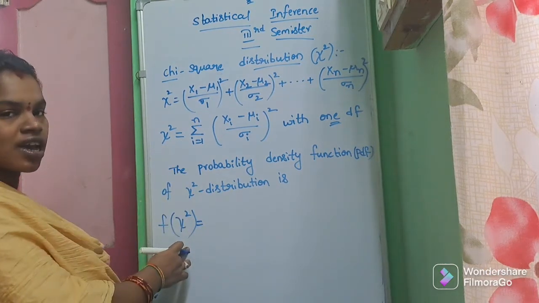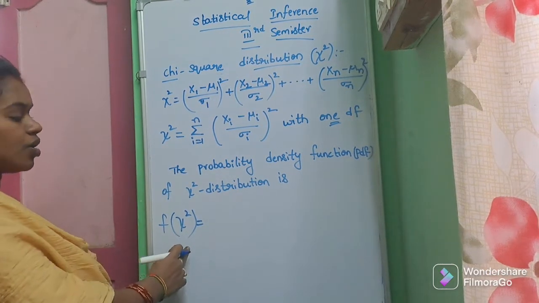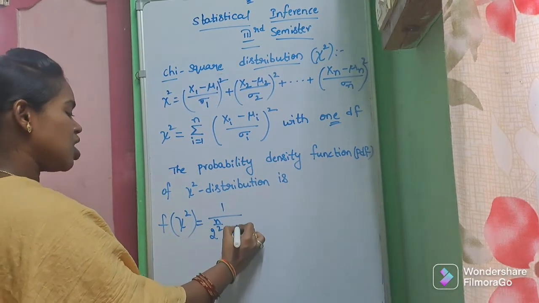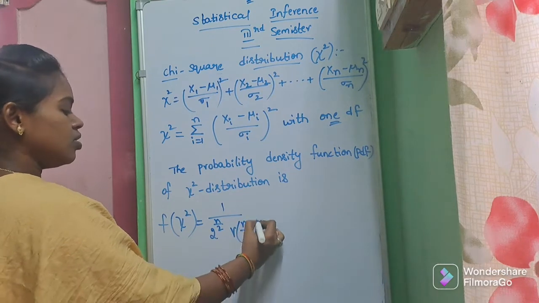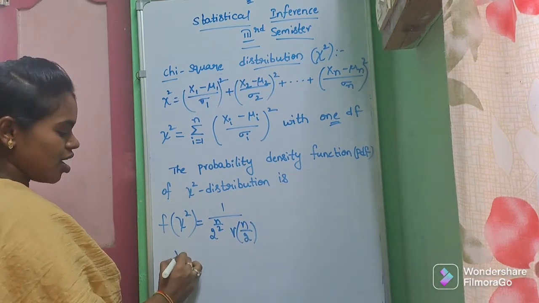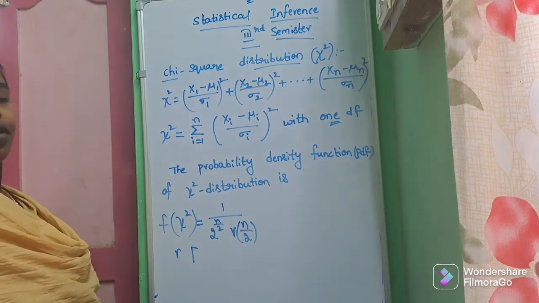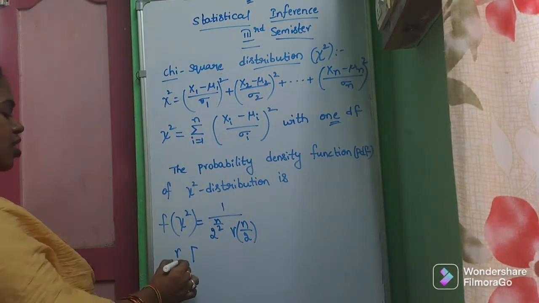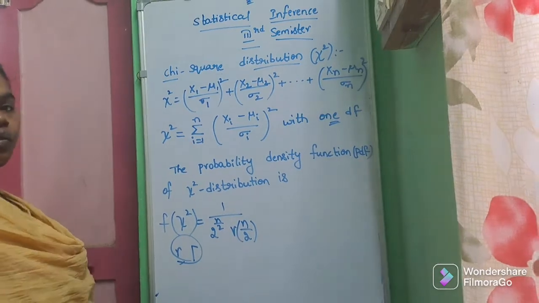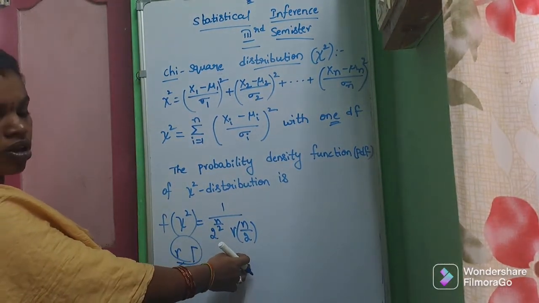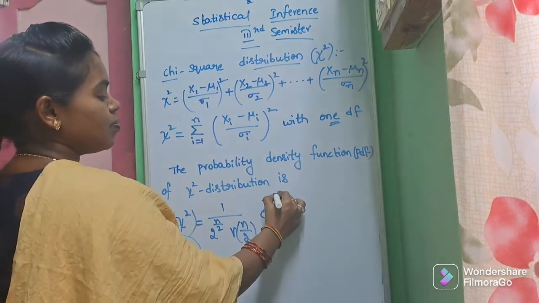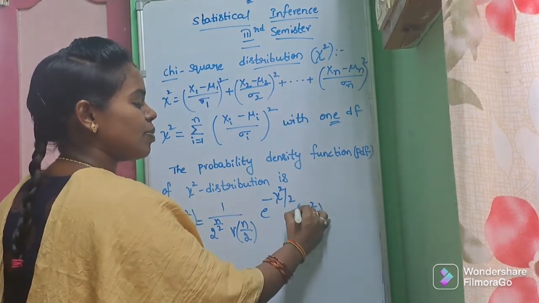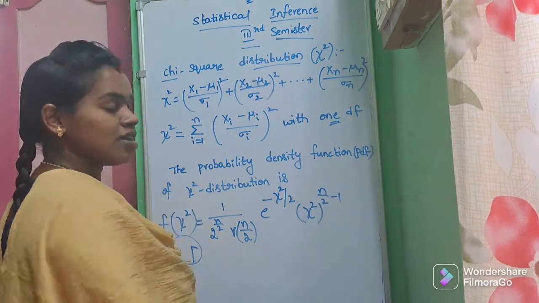Here the distribution is chi-square, so f of chi-square equals 1 by 2 power n by 2 gamma of n by 2. This can be written in two ways: 1 by 2 power n by 2 into gamma of n by 2, into e power minus chi-square by 2, into chi-square power n by 2 minus 1.